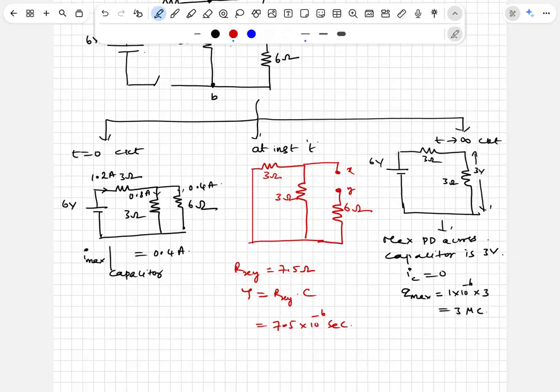Okay. No, see, please try to understand, nothing is flowing through the capacitor. So the drop across the capacitor and the drop across the 3 ohm is the same. The net current in that right side loop is zero. That is a steady state, an instant long time after closing the key.